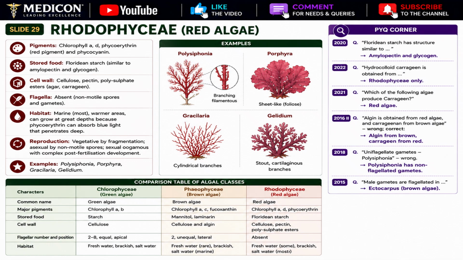Whereas in Phaeophyceae, freshwater is rare, but brackish and saltwater marine can be seen. And in Rhodophyceae, some can be found in freshwater and brackish water, but mostly they are found in salt water, that is marine waters.